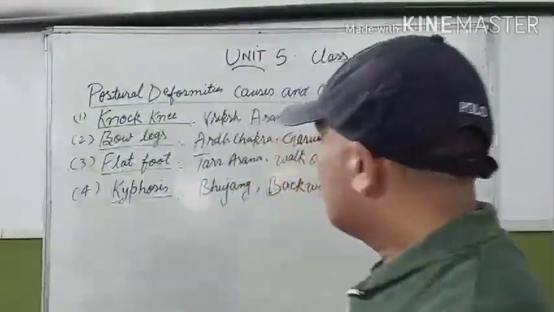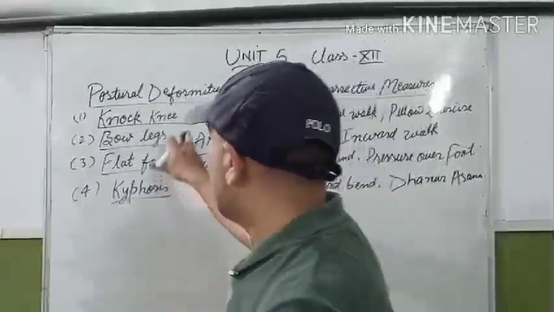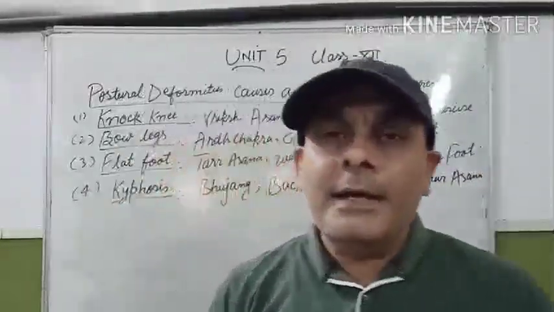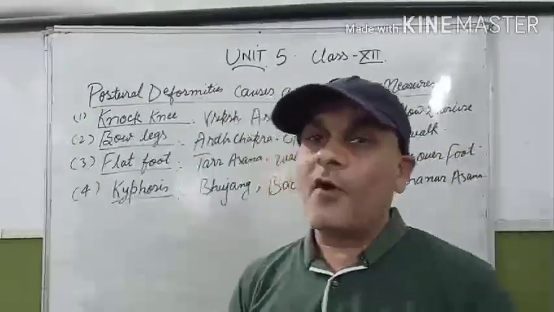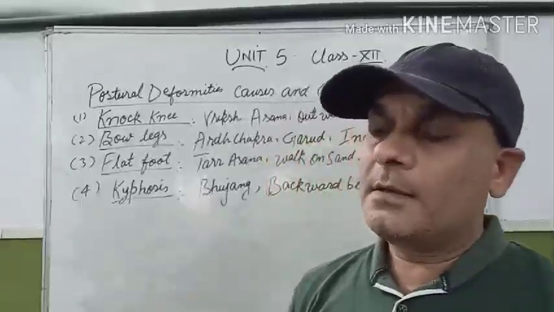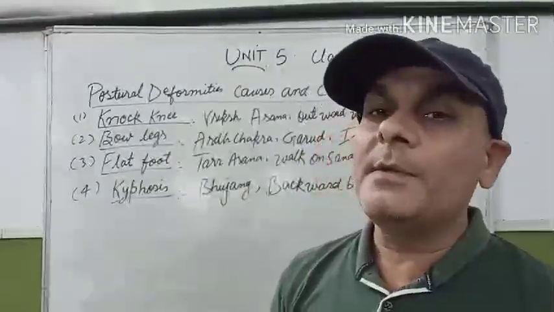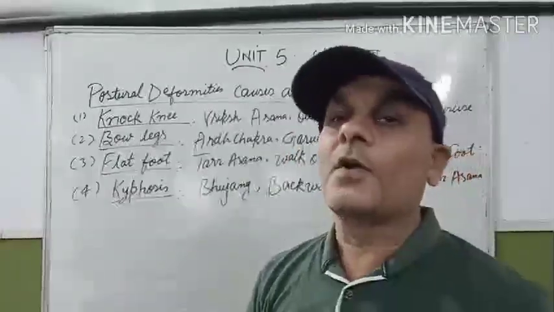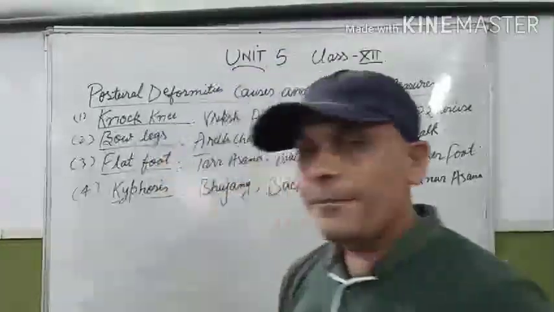So when a person suffers from rickets, they may suffer from knock knee. And it is also a hereditary deformity. For example, when the child is in the womb and the mother does not take a proper calcium and vitamin D diet, then after birth the child may suffer from deformed bones and later from knock knee. So it is also a hereditary deformity.